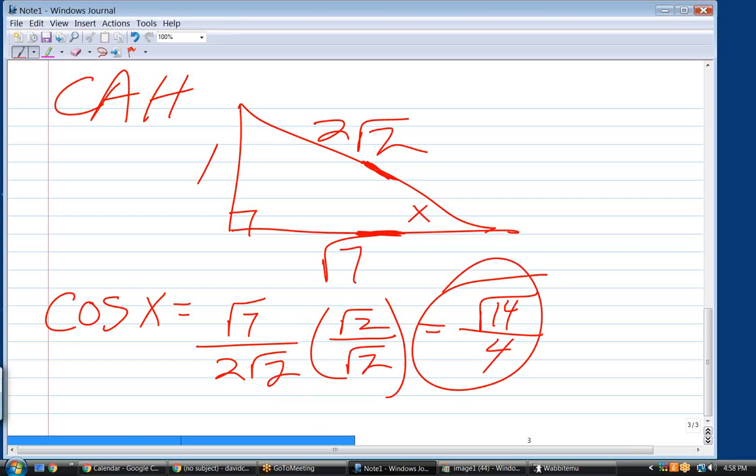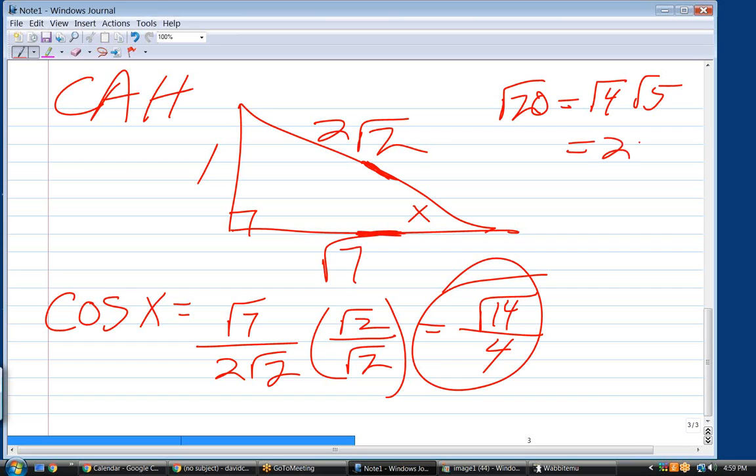Can we break down square root 14? Well, notice that it was broken down. We had square root of 7 times square root of 2, and those are prime numbers. So there are not going to be factors of 14 where one of them is a perfect square, and that's what you need to simplify something. In other words, I can simplify square root of 20 because one of its factors is a perfect square number.